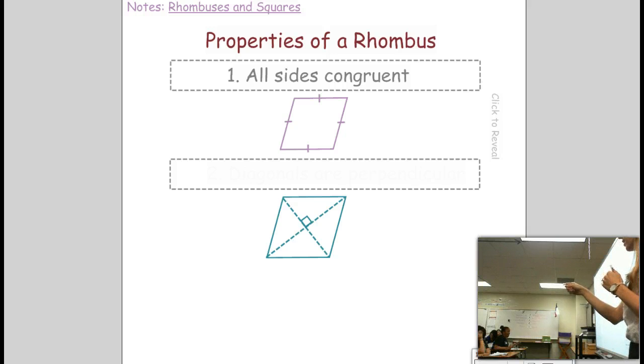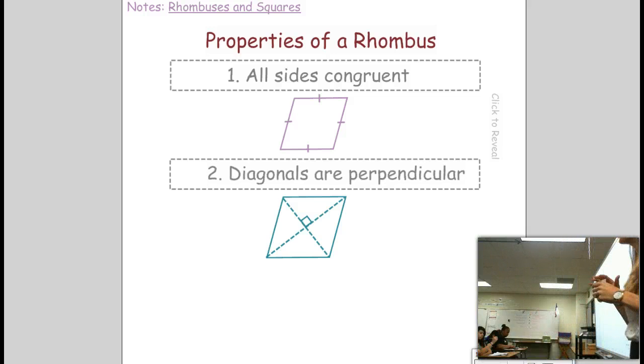A segment can't be 90. They are perpendicular. Very good. The diagonals are perpendicular. A rhombus is a little bit more special because he gets 3 bonus properties, whereas a rectangle only got 2. Good job, rhombus.